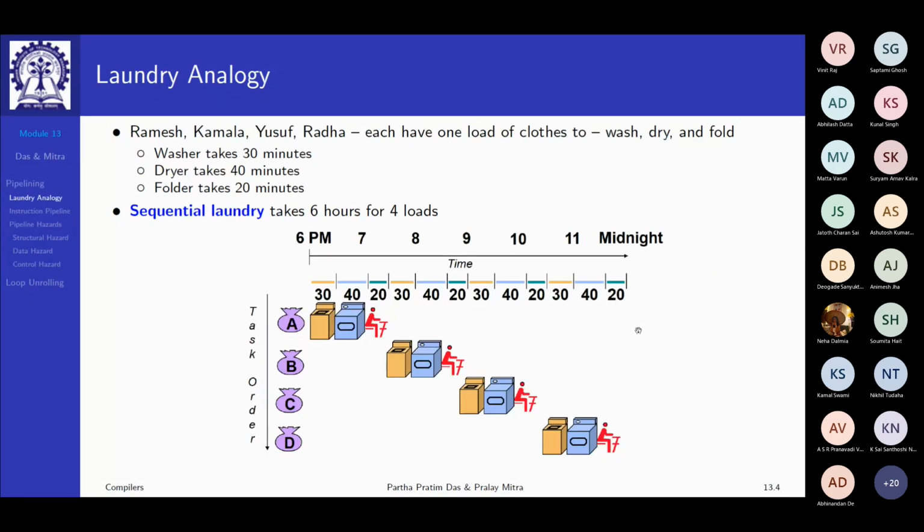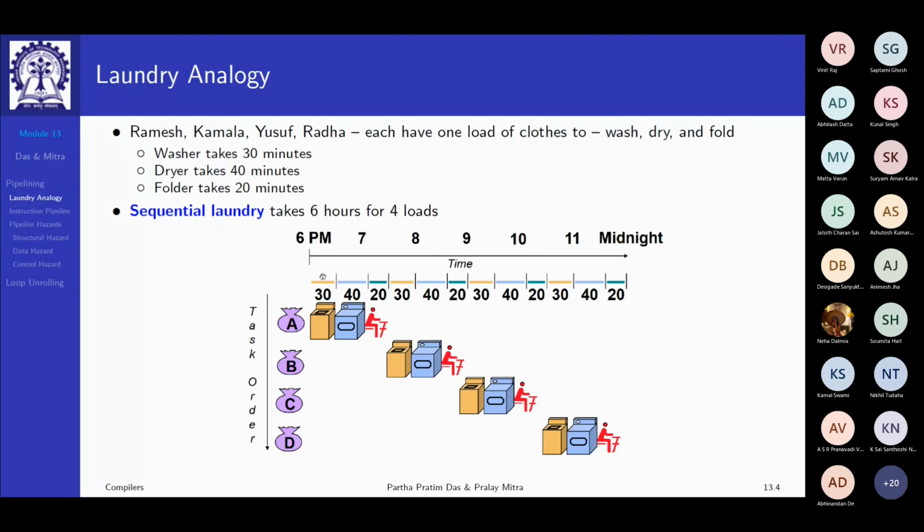Now, this is the classical laundry analogy, which I'm sure you have already covered in your course, but just to have a quick recap. The problem is there are four people who want to wash, dry, and fold their clothes, where a washer takes about 30 minutes, a dryer takes 40 minutes, and a folder takes 20 minutes.